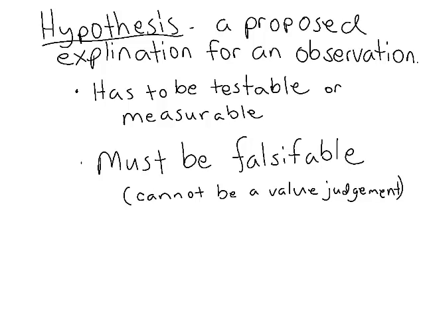So that is something that can be tested using this classic scientific method. So again, the important part of this is that it has to be in some way measurable. You have to have something that you can actually put some sort of measurement to, and that it is objective.